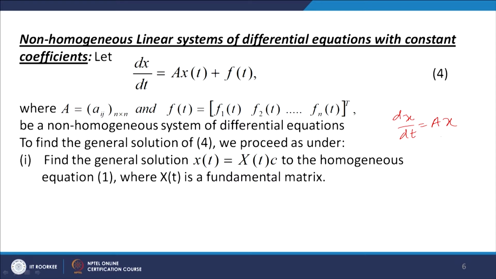So we find the general solution of this, that means we find n linearly independent solutions x1(t), x2(t), and so on, xn(t) of this homogeneous linear system, and then form the fundamental matrix as we have discussed just now: X(t) equal to x1(t), x2(t), and so on, xn(t), whose n columns are these n linearly independent solutions of dx by dt equal to Ax.